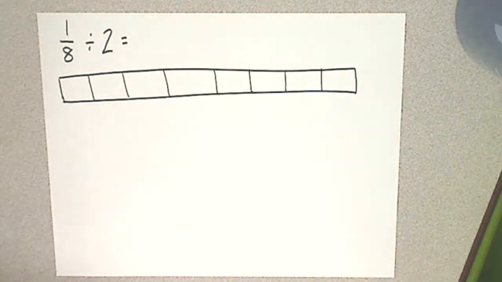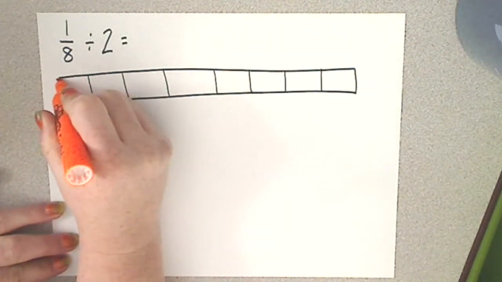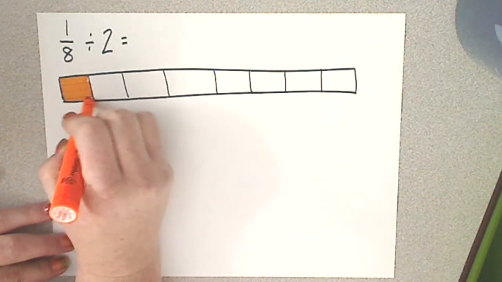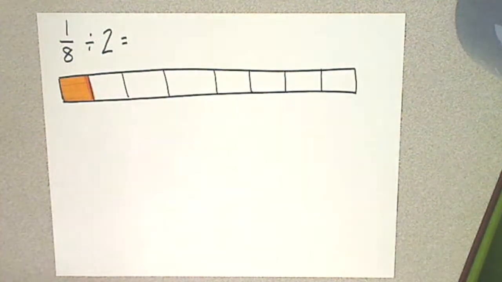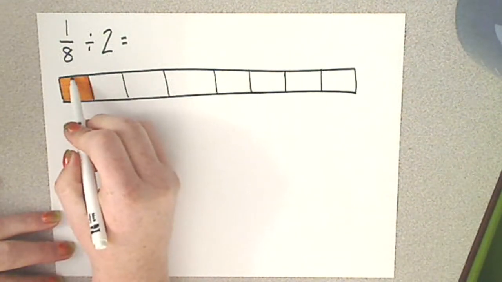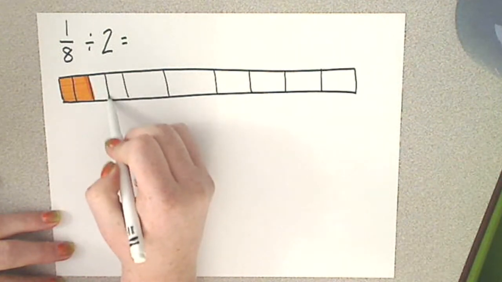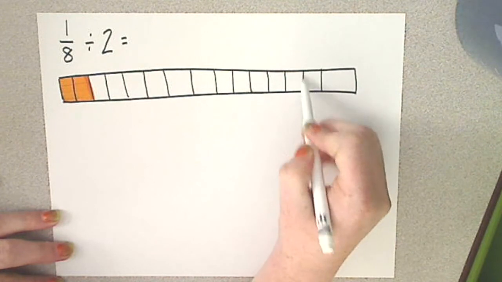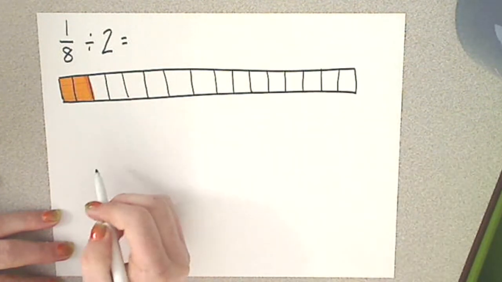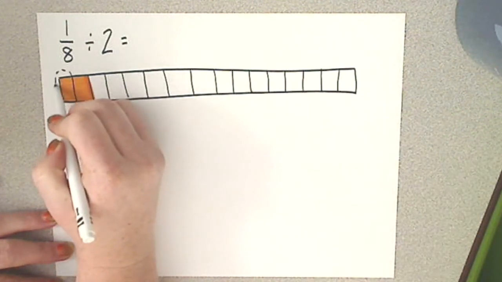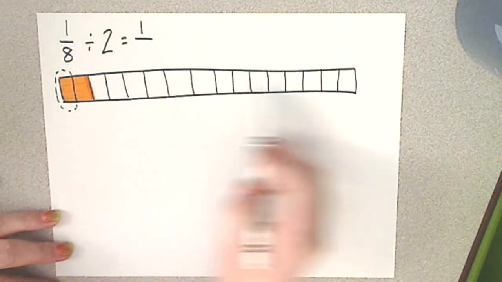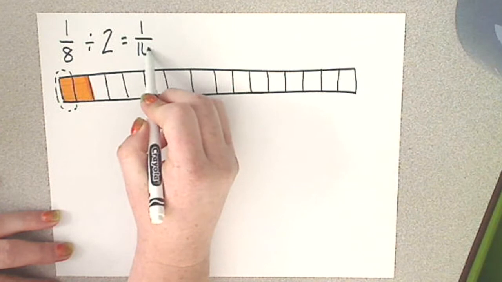I need to shade in 1/8 because that's what I'm dividing. And I now need to split my shaded region into 2 pieces. And now I have to make the rest of my fraction bar match. I'm looking for 1 piece, and I now have 16 pieces in all.